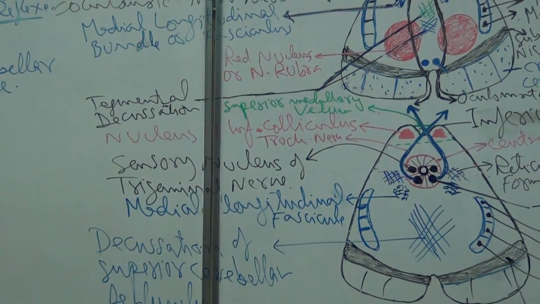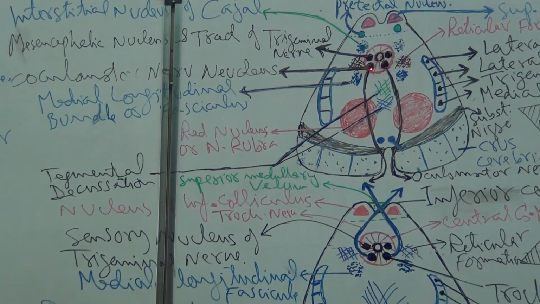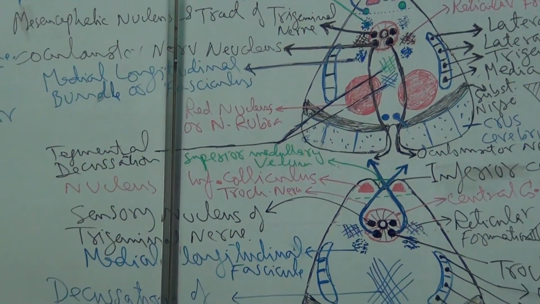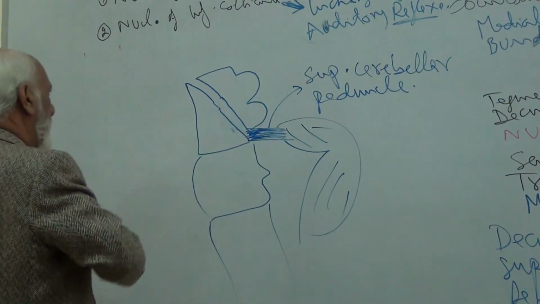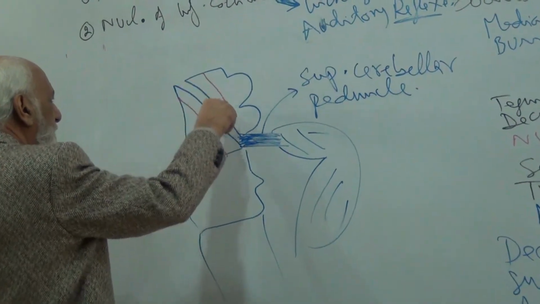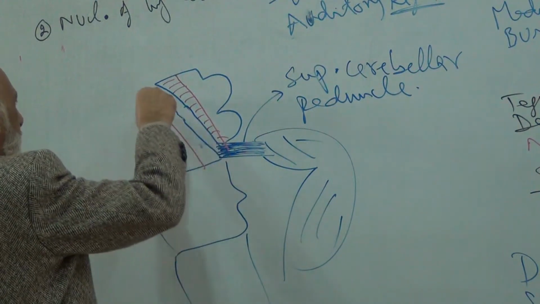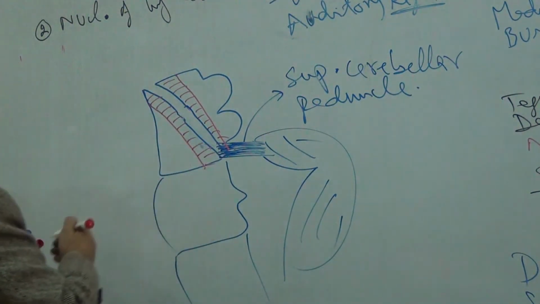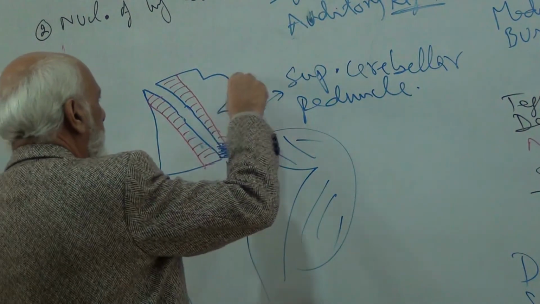The oculomotor nerve nucleus is in the central gray matter, anterolateral to the cerebral aqueduct in the upper half of the midbrain. So here in this section you can see the cerebral aqueduct, and it is surrounded by the central gray matter. This is the level of superior colliculus.